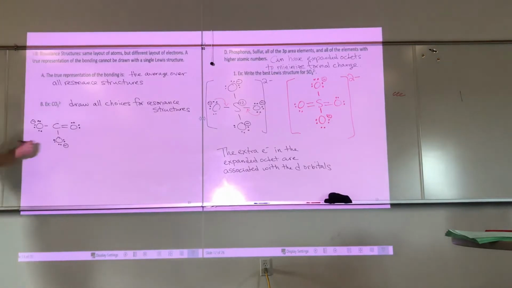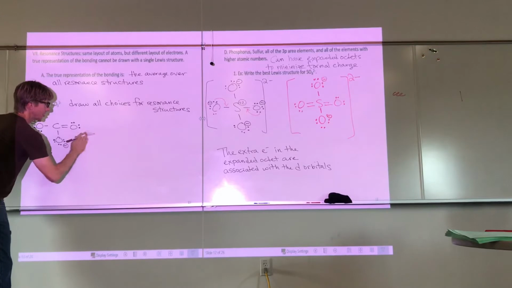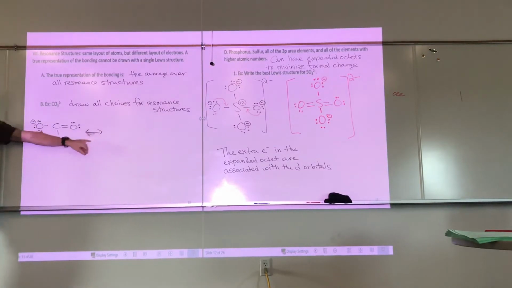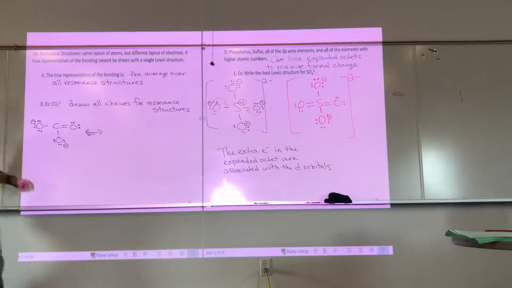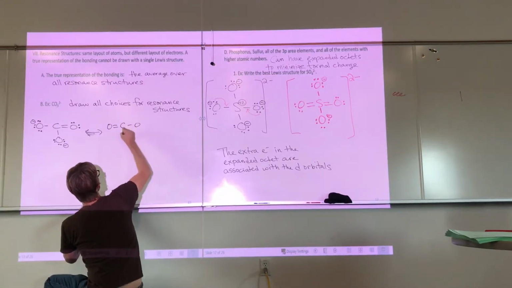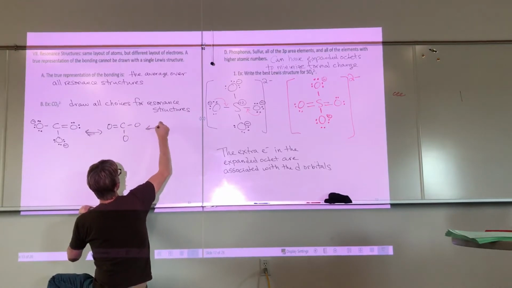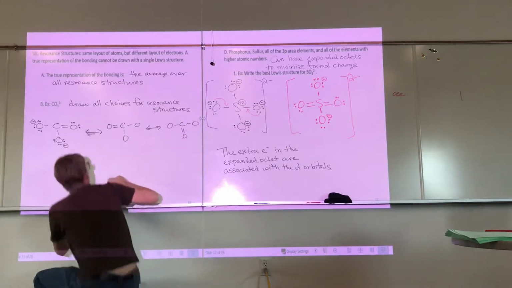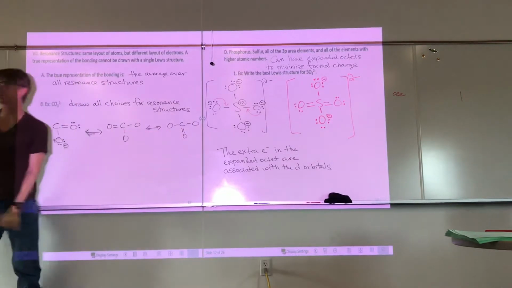I don't really care if you draw it, but when you get to OChem, you will draw it. It's like a double-headed arrow, like that. There's so many arrows in chemistry. But this is what's called a resonance arrow. And for the next one, I'm going to draw the double bond here. And for the third one, I'm going to draw the double bond going down.